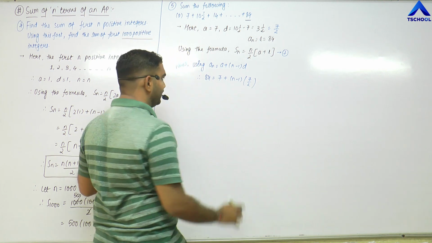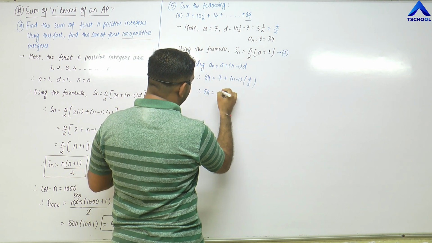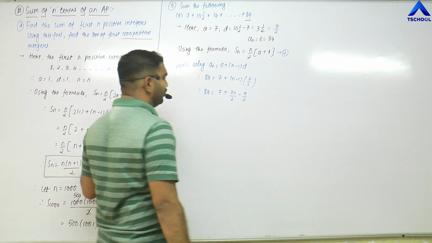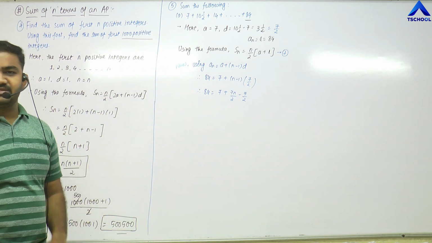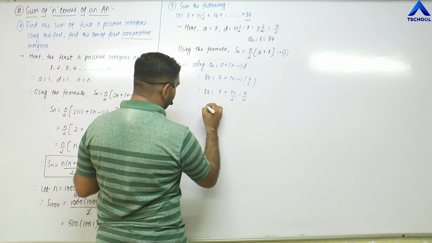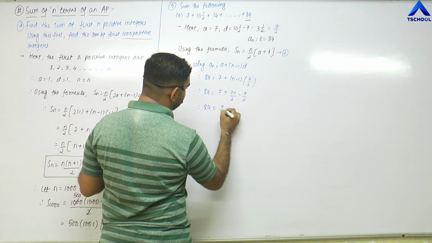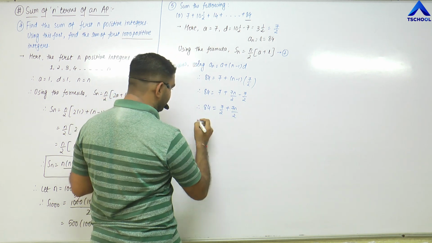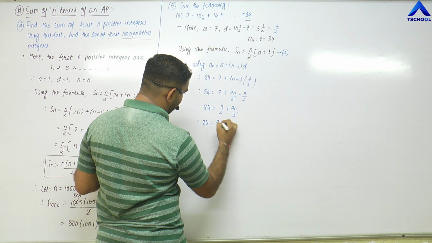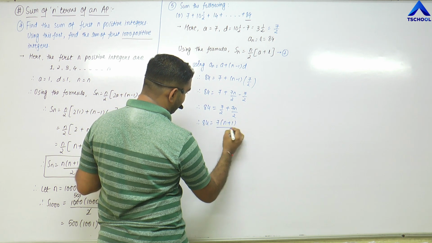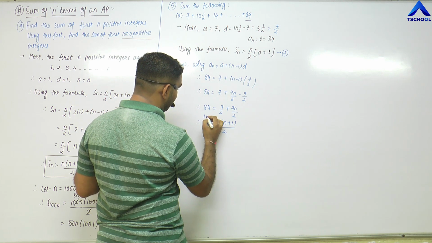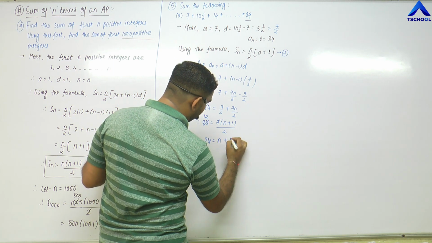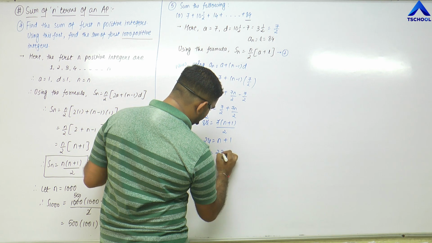Therefore 84 equals 7 plus 7n by 2 minus 7 by 2. What is 7 minus 7 by 2? That is again 7 by 2, right? Therefore 84 equals 7 by 2 plus 7n by 2. You can take this 2 common. Therefore 84 equals 7 into n plus 1 by 2. 7 can be cancelled by 12, and 12 into 2 is 24. So 24 equals n plus 1, hence n equals 23.